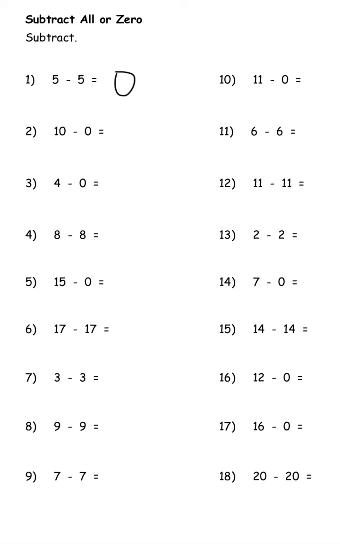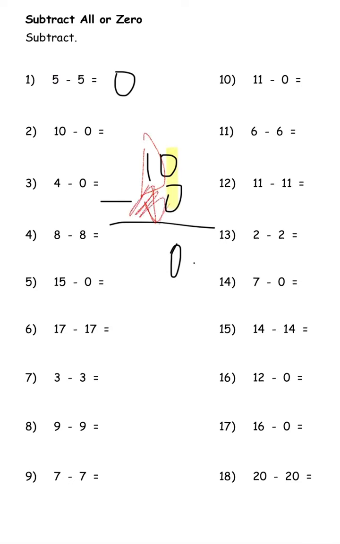Now, next, we have 10 minus 0 for number 2. And when we do 10 minus 0, what's 0 minus 0? It's 0. And what's 1 minus nothing? Because there's nothing over here. That is going to be 1, right?